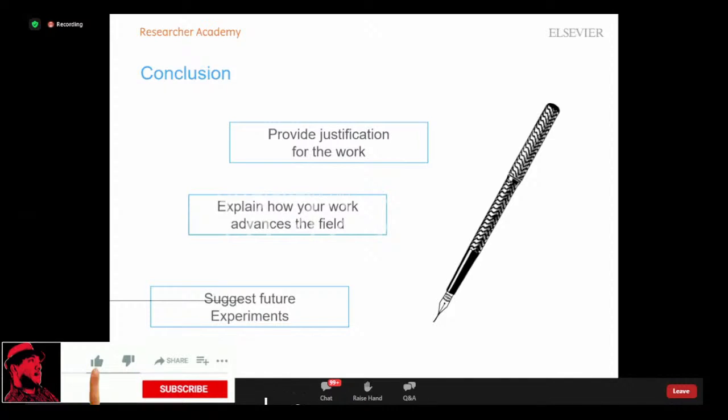Conclusion, this is really to provide a justification of your work, in the sense that it should explain how your work fits within the field and how it further advances the field. So how it will add to the scientific record that the journal is actually building. So this really ties in as well with what was mentioned earlier about the role of publishers, the role of journals, and the preservation part.